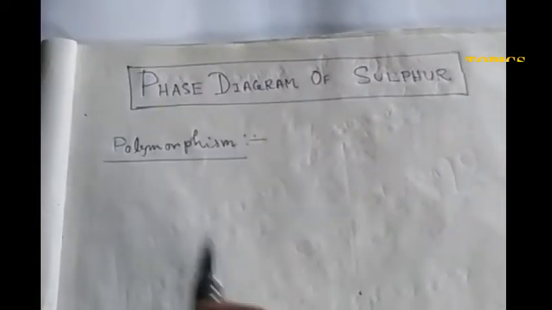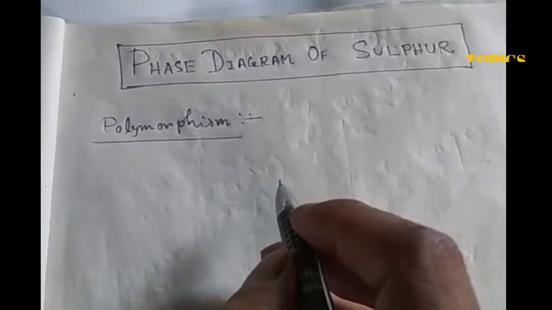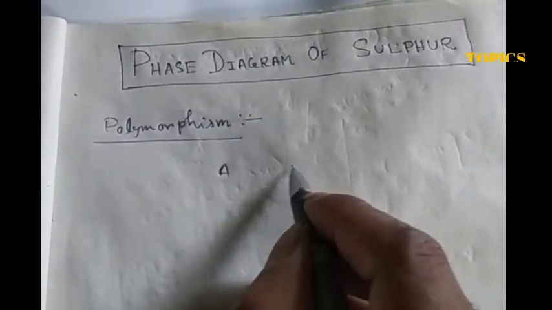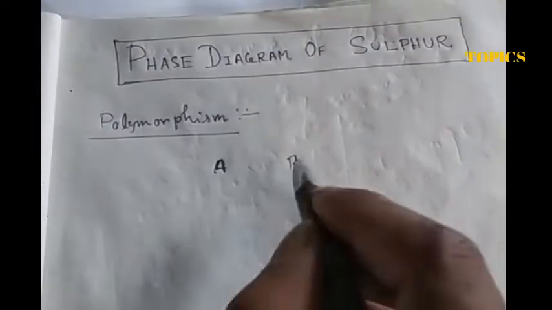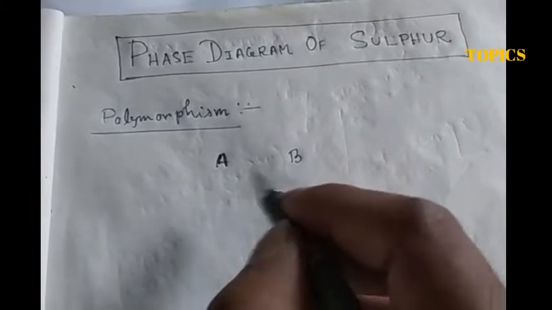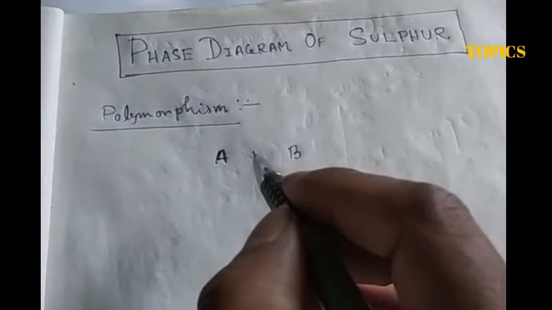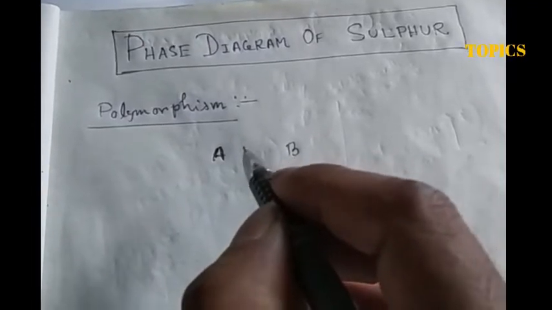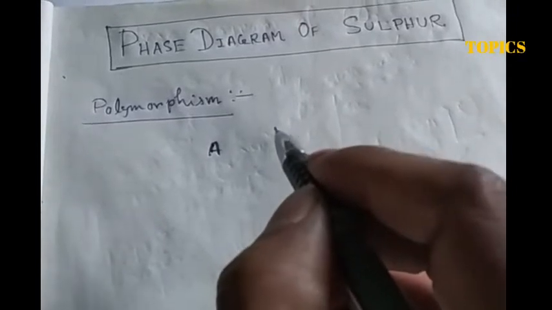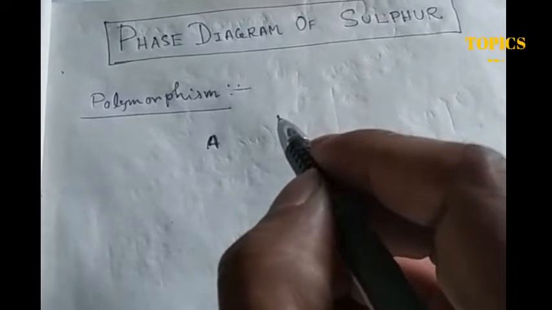Suppose a substance can exist in two different crystalline forms, one crystalline form A and another crystalline form B. These two crystalline forms have different physical properties. So the definition of polymorphism is the existence of a given substance in more than one crystalline form with different physical properties.